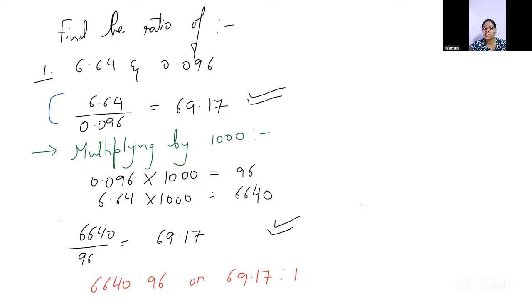If you want to simplify it further, then you have to do prime factorization of 6640 and 96. Okay, you can end it like this also. Why is it 69.17 is to 1?